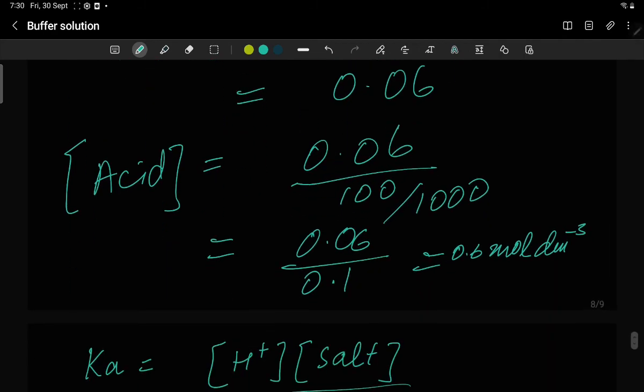So in this way, the molar concentration of acid is 0.6 mole dm inverse cube.